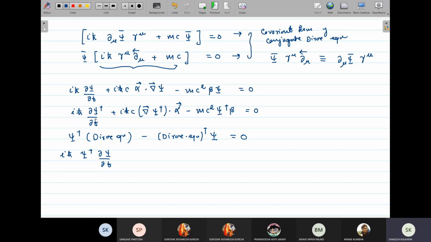Then I will subtract from this quantity. Is there a minus sign in the second equation?